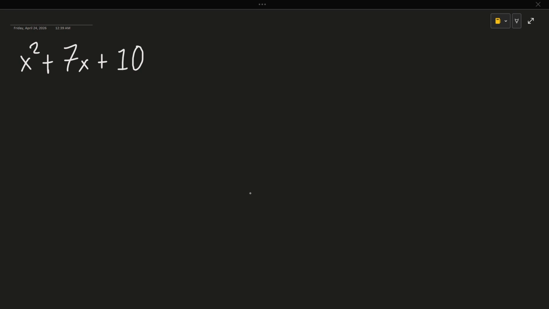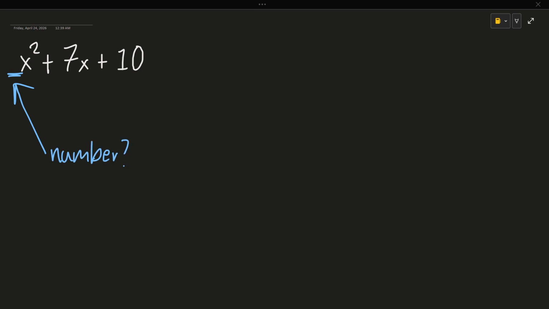How can we factor them? All right. So let's start with the first example. So here we have x squared plus 7x plus 10. The first step here is you have to know the number beside x squared. Okay? What's the number beside the x squared?